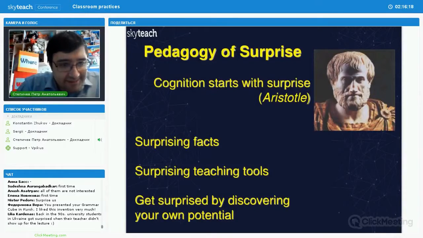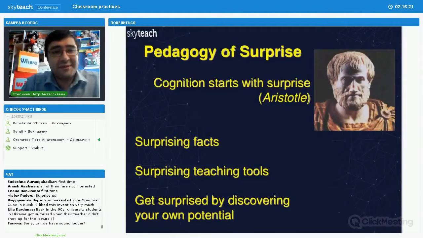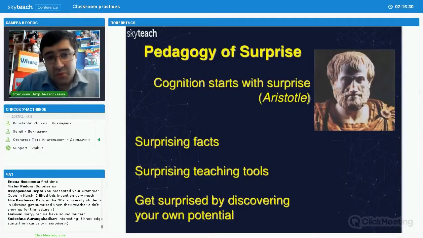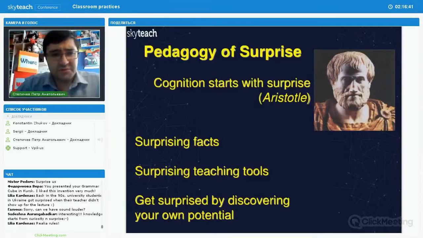For example, nuts really mean орехи, or bounty is not just a chocolate bar, it is вознаграждение. I can name lots of surprising facts, and I'll have an extended version of my presentation to send to our participants. There you can find more examples of surprising facts.